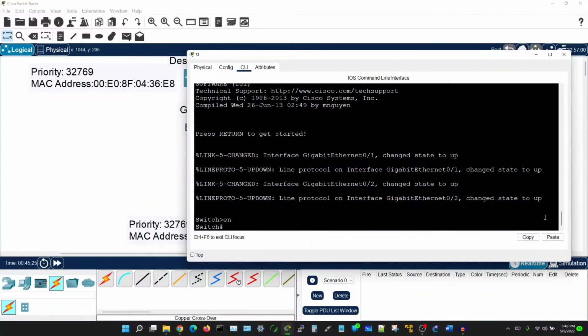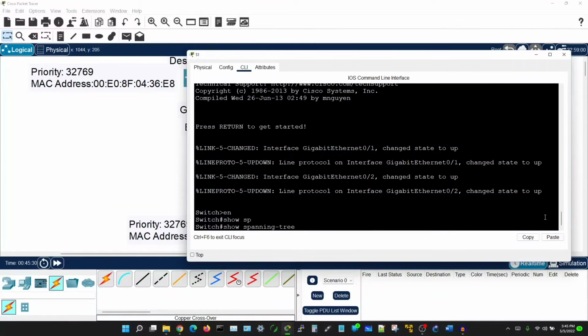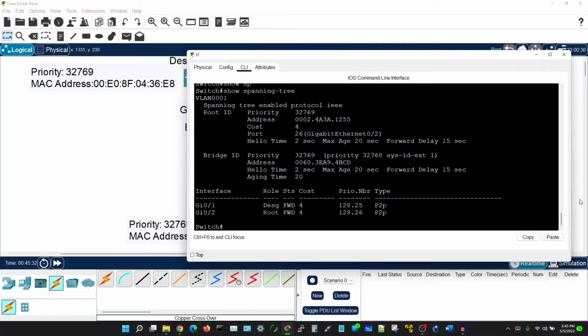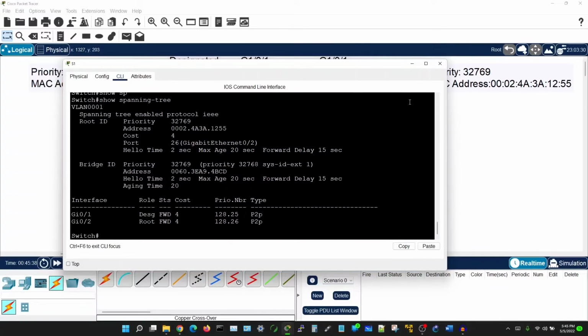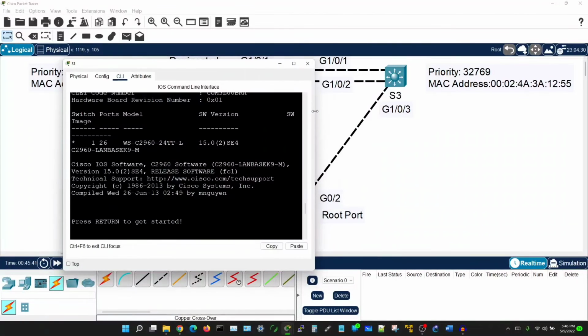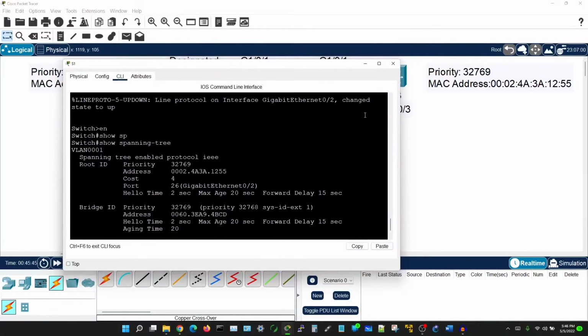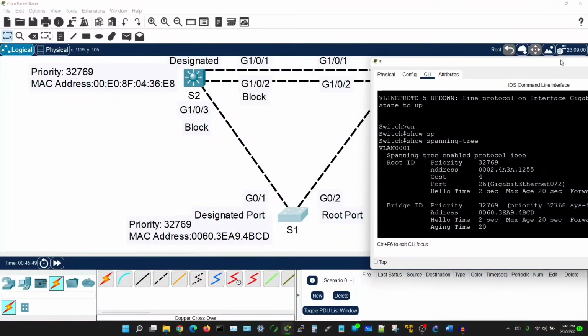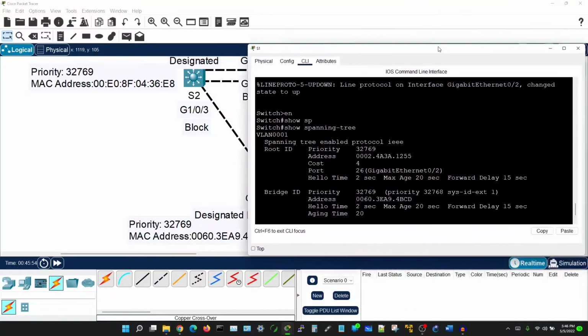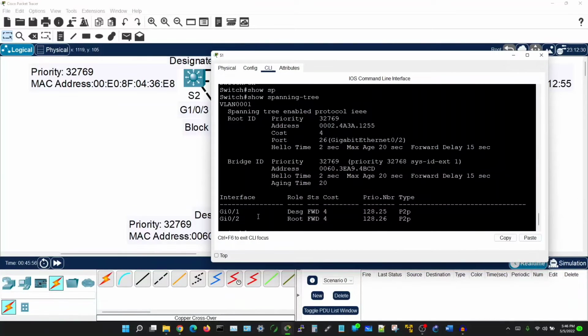Now let's see if we have that correct. Go to the CLI, enable, show spanning tree. Let's see if we were correct here. We mentioned that gigabit 0/2 should be the root port.